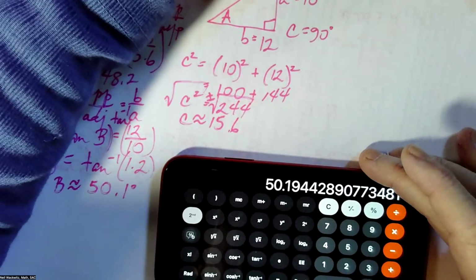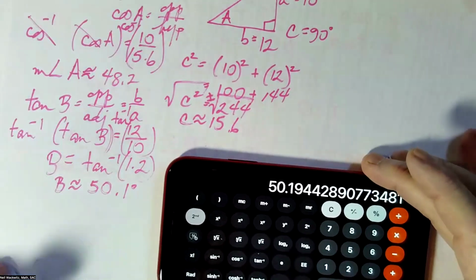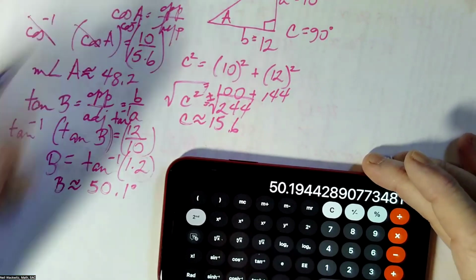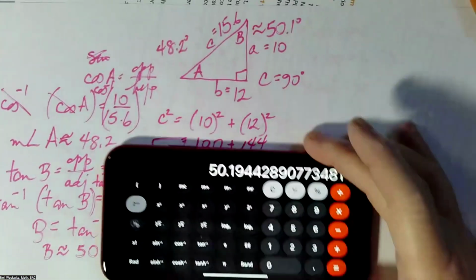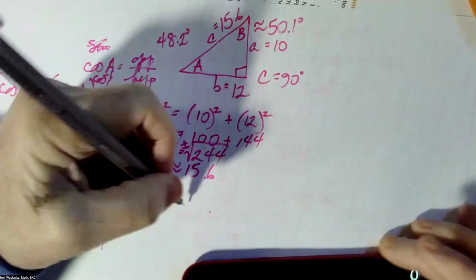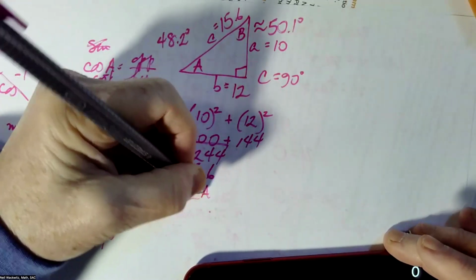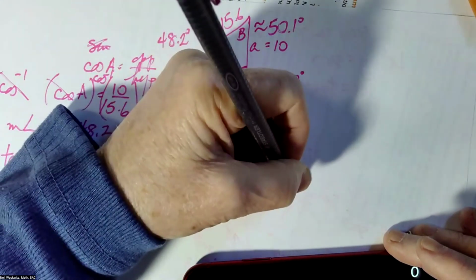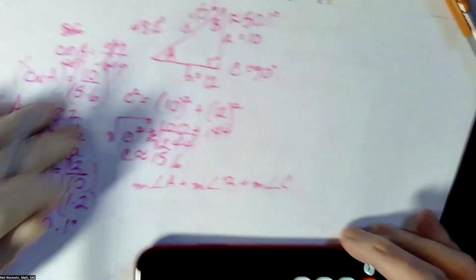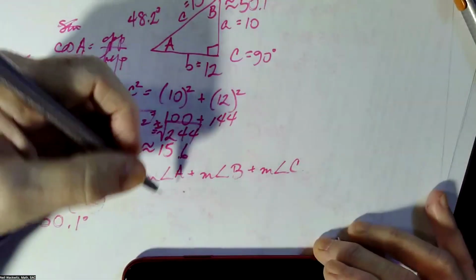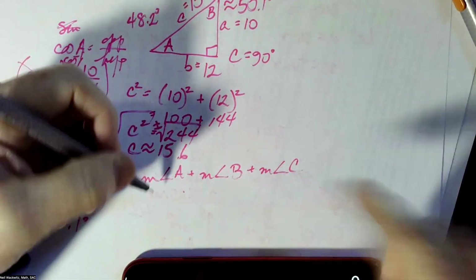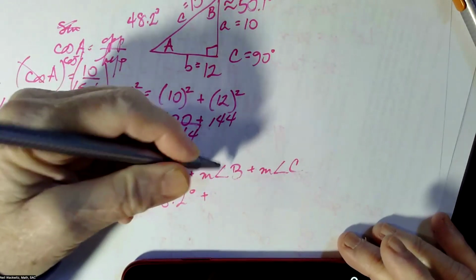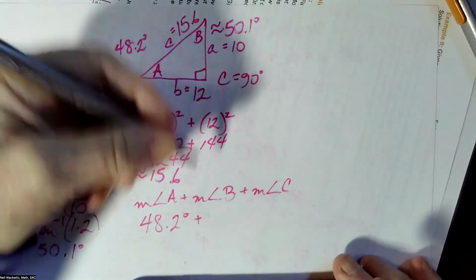So 50.1 degrees. We said that A was 48.2 degrees. So the measure of angle A plus the measure of angle B plus the measure of angle C. Angle A is 48.2, angle B was 50.1, plus 90.